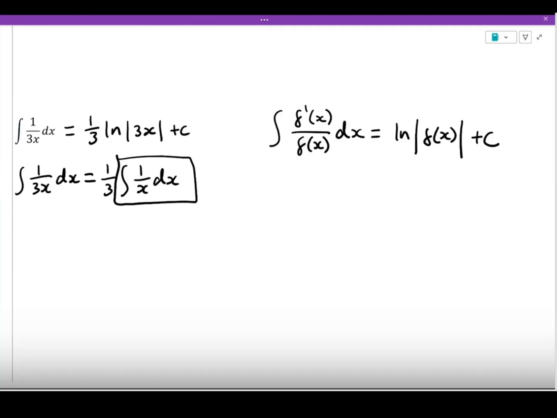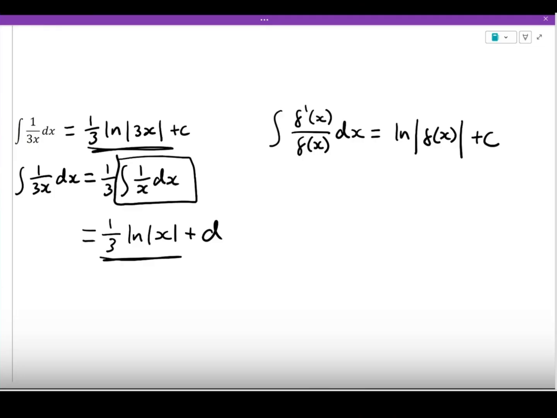The integral of 1/x with respect to x is just the natural logarithm of the modulus of x. So I could write 1/3 multiplied by the result of my integral, which is ln of the modulus of x, plus my constant, but instead of writing c, I'm just going to write d. The reason being, these constants are going to be different because we've got different expressions here.